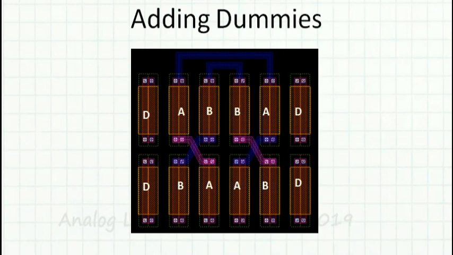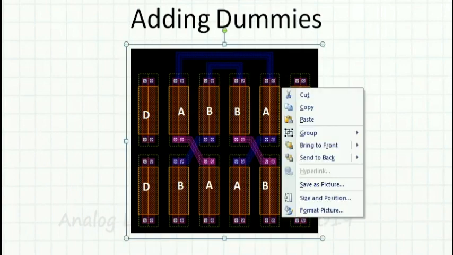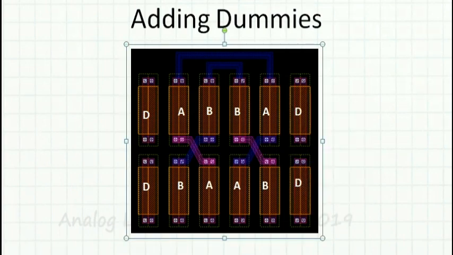One more problem we have is the boundary conditions of the polyresistor. During etching, this boundary can have higher variation as compared to the inner ones. So if I see the B resistors here, they have one more polyresistor on the other side.